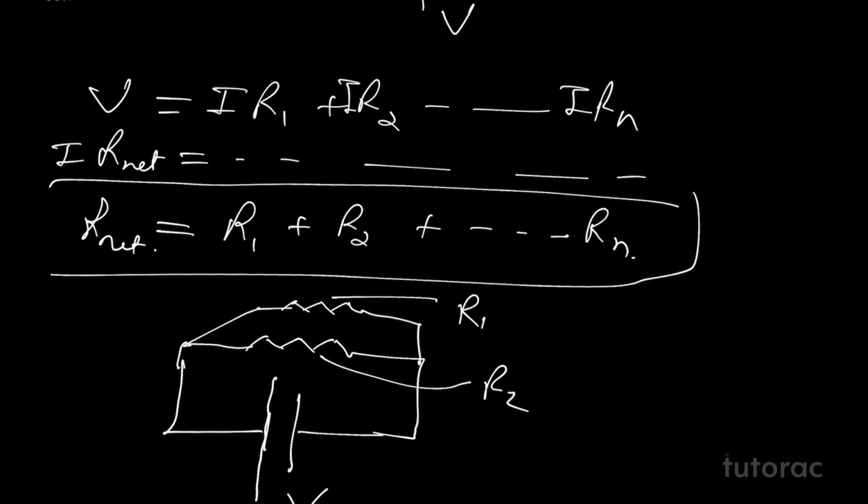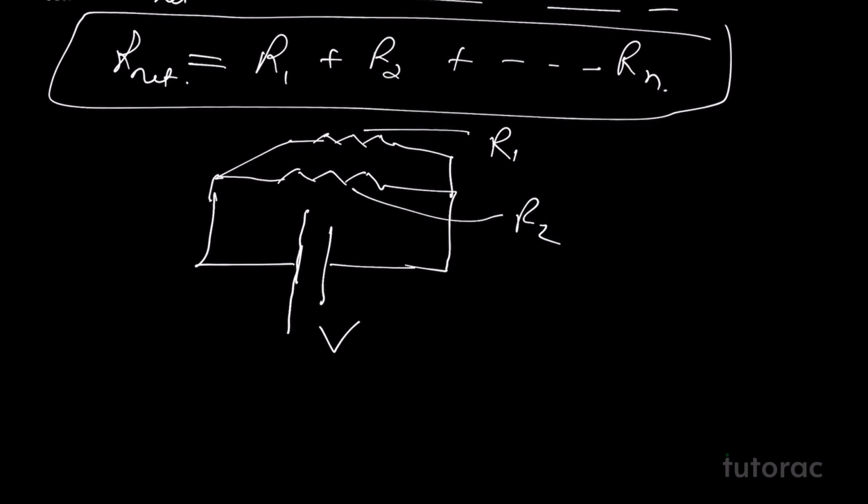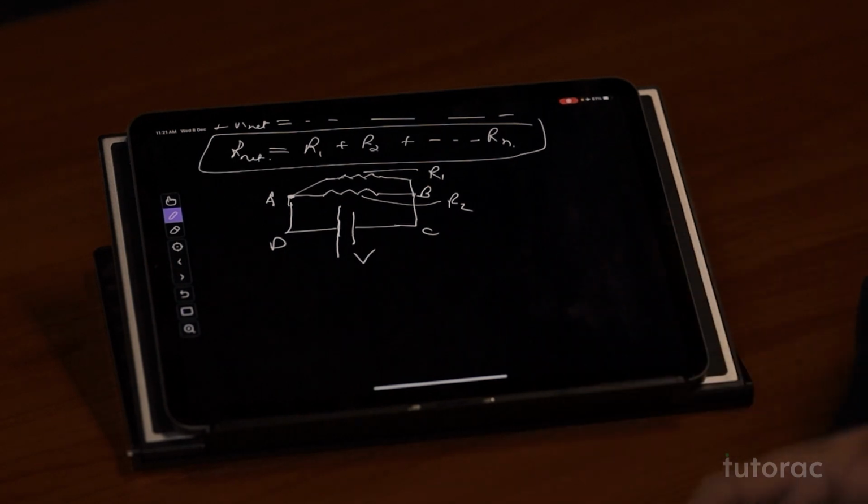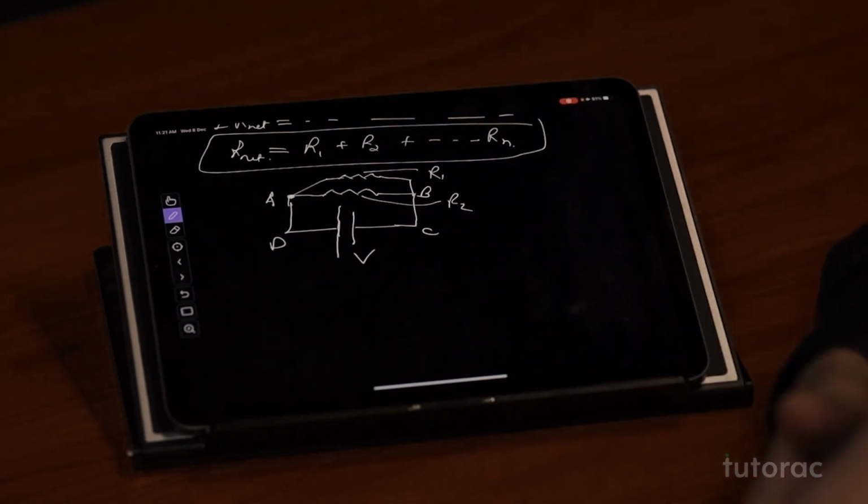This is again V. Now, this time one should keep in mind that we have to apply both KCL and KVL. Why? Because there will be three wires here. Let's call the junction points A, B, C, D. At junction points A and B, there will be splitting and combining of the current.